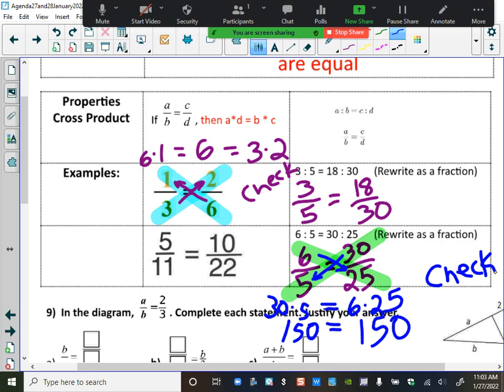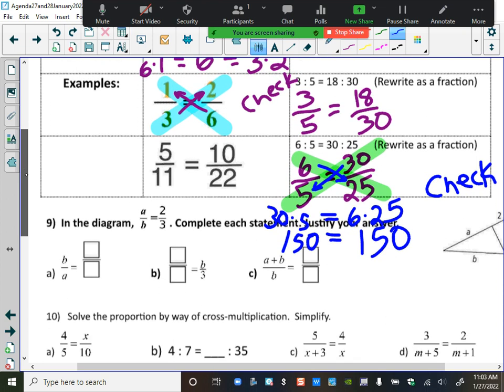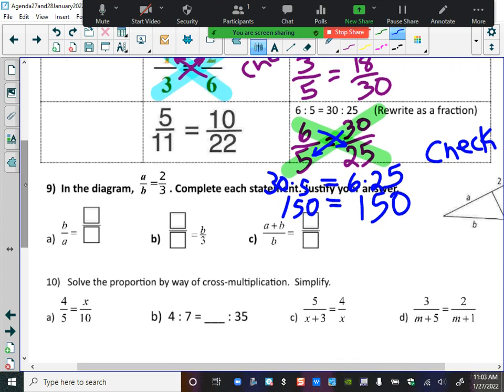Best way to rewrite it, if it's going to help you, is fraction form. Because what we're going to do, I think I might postpone until Monday. But we can start talking about it.